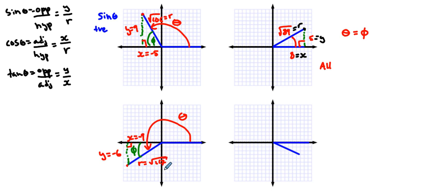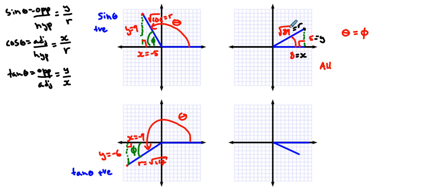Well, we can see that both x and y are negative, so sine will be negative, cosine will be negative, and tangent will have a negative over a negative. But a negative over a negative is a positive. So in quadrant 3, tan theta will be positive.